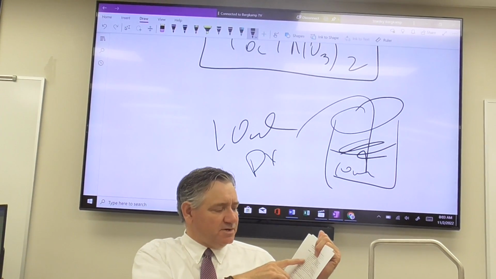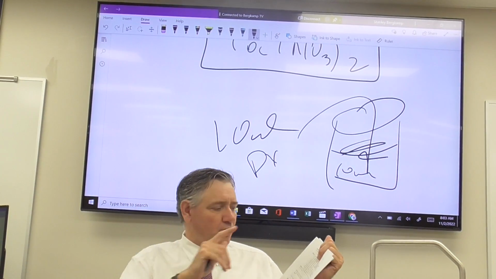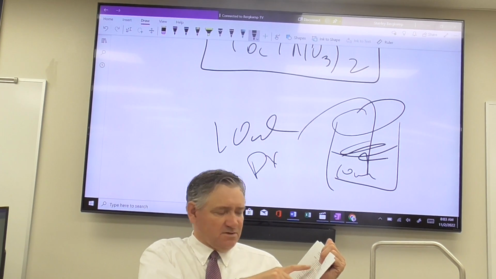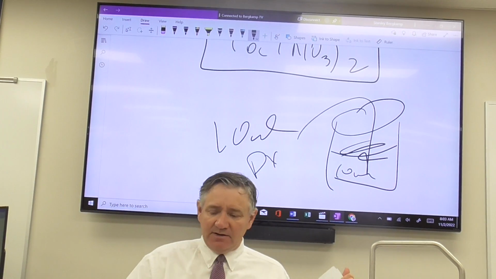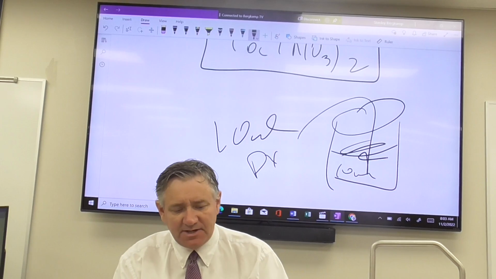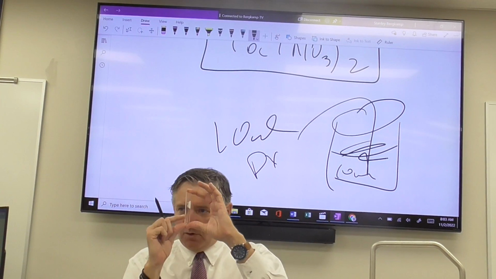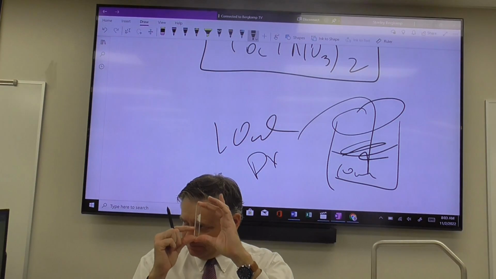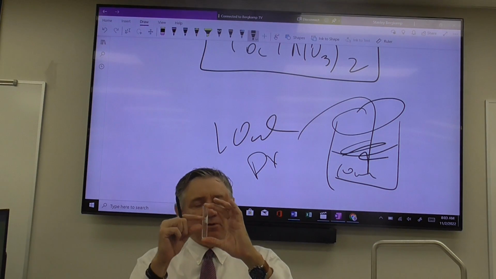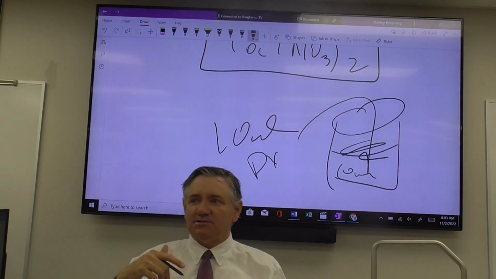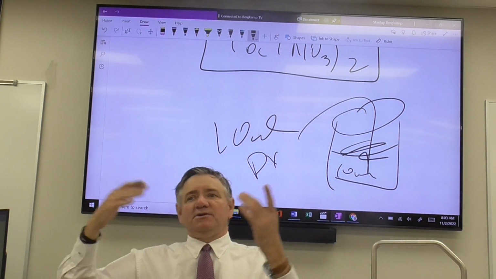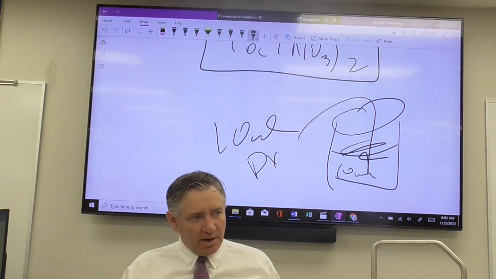Then to get a 0.1 molar solution, which is going to be half that, here's what you're going to do. Take your test tube and fill it about 1/4 full of the 0.2 molar solution. Then you're going to double the volume by adding water.